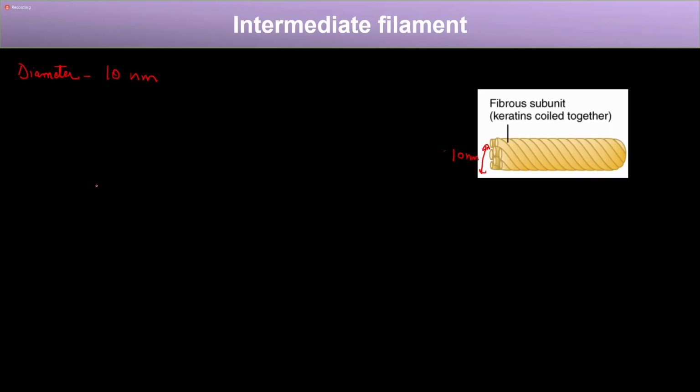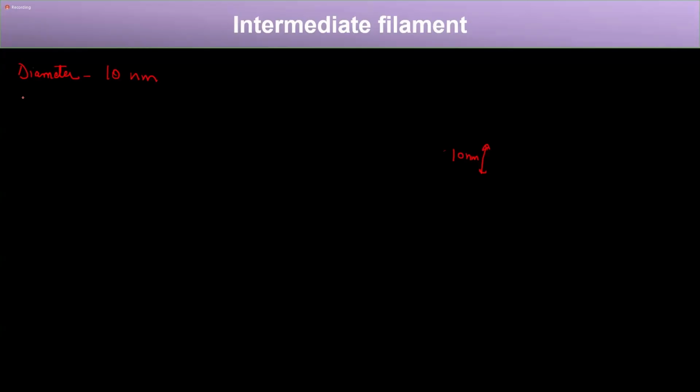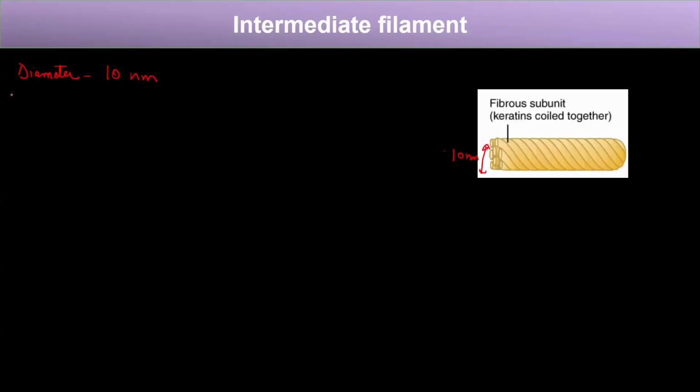Now, what is it made up of? As the microfilaments we saw were made up of actin protein, the intermediate filaments are made up of acidic protein. One example is keratin.